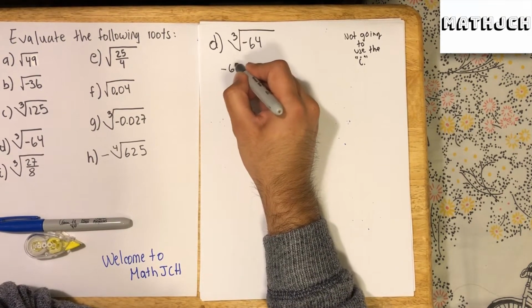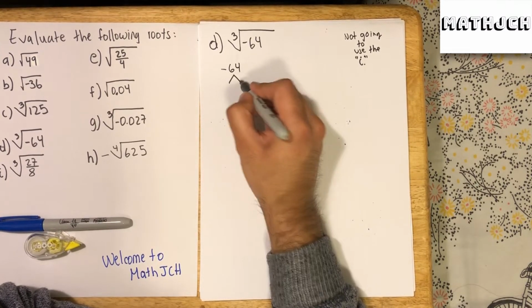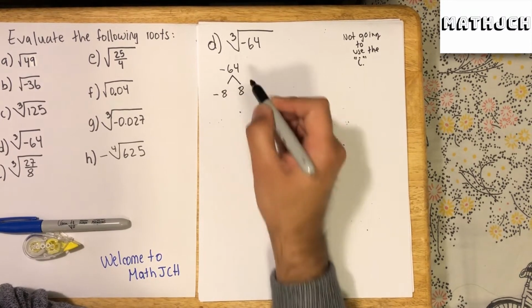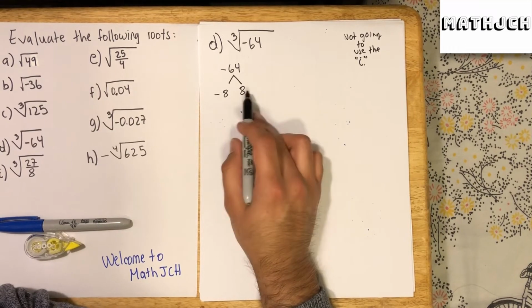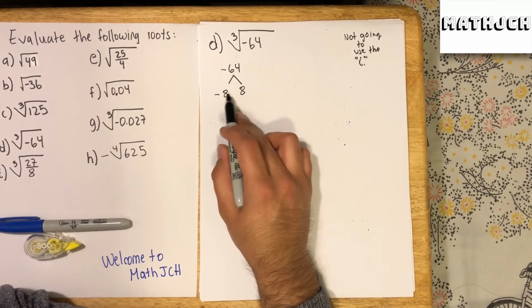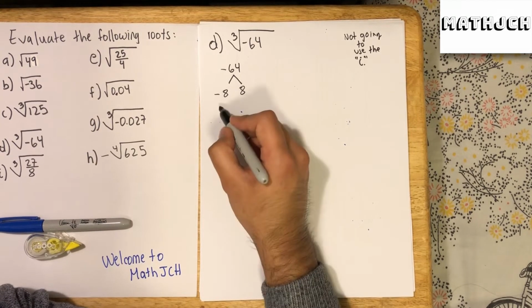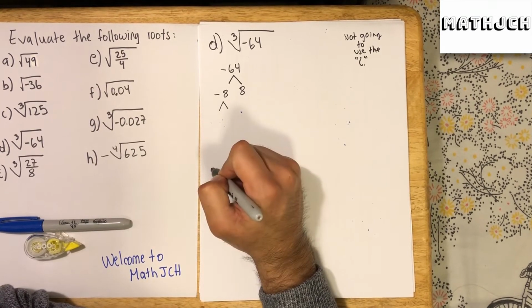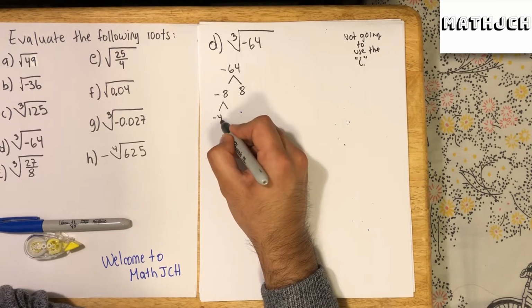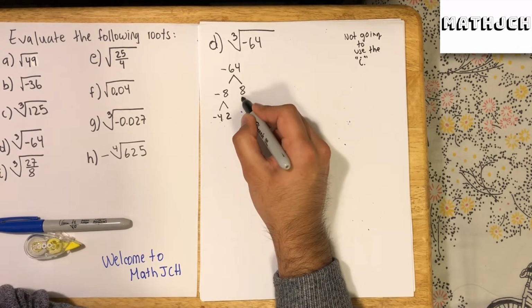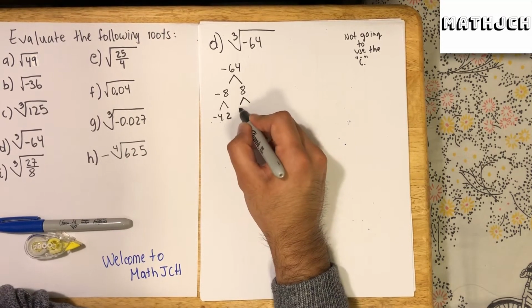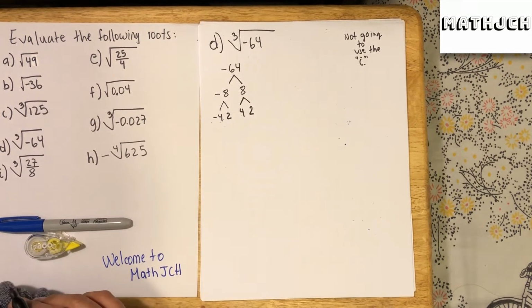So we have negative 64, you know, is negative a times a, because remember, negative times positive is a negative. So negative 8 times positive 8 gives me negative 64. Negative 8, I could rewrite as negative 4 times 2, and 8, I could rewrite as 4 times 2.